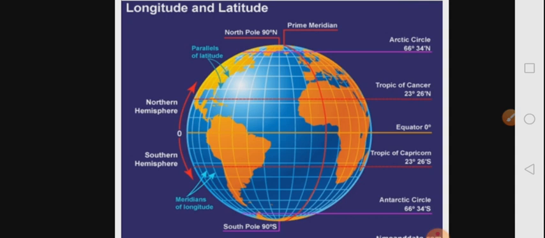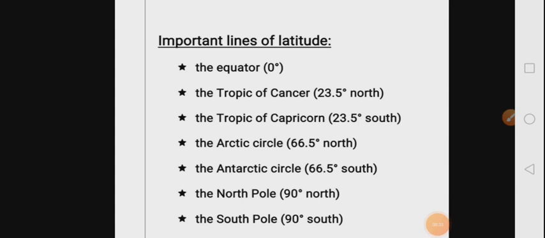And the last one is the Antarctic Circle, which is near Antarctica, which is also a frozen area. And then in the middle of all these lines there is the equator at 0 degrees, which divides our earth into northern and southern hemisphere. These are the important lines of latitude. Please remember them. The degrees are mentioned along with them.